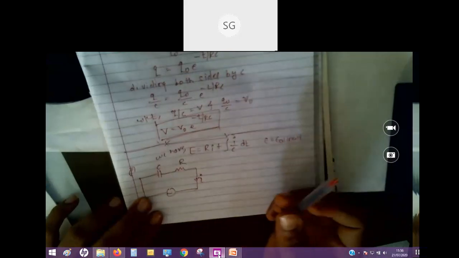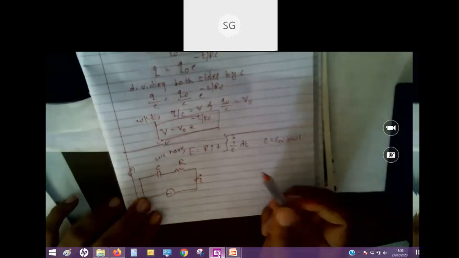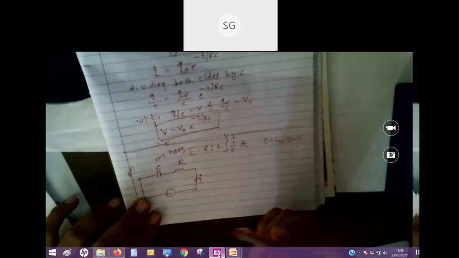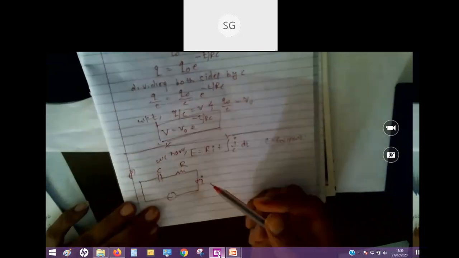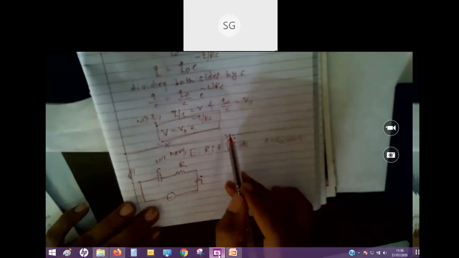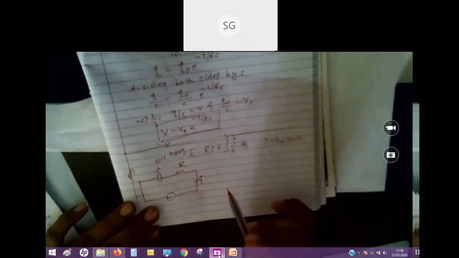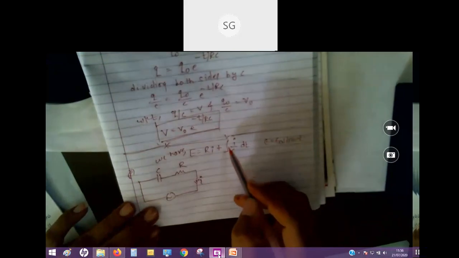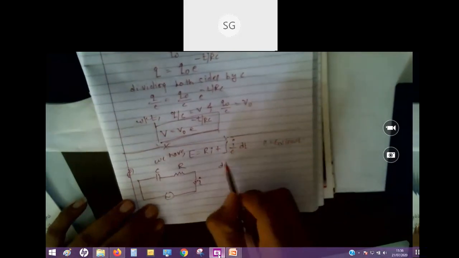Now we know that a standard first order linear differential equation does not involve an integration term, but since we have an integration term here, what can we do to negate it?